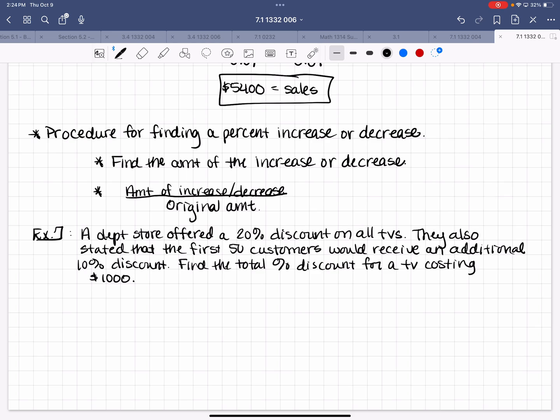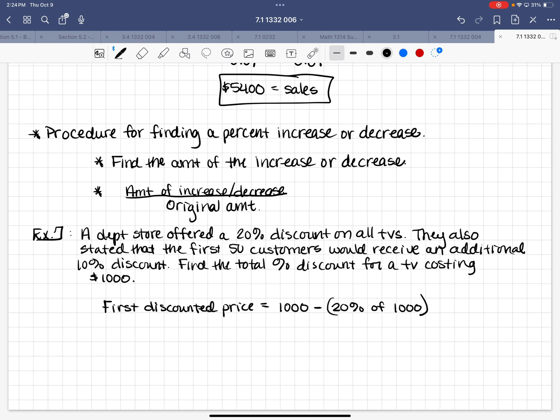Okay. So at first glance, this problem looks like we get a 30% discount. Because it's 20% off, and then it's another, you're one of the first 50, you get a 10% off. But that's not how this is going to work. Let's find the first new price. So the first discounted price will equal, we got $1,000, and we're going to take off 20% of 1,000, right?